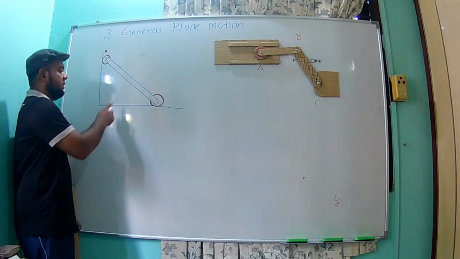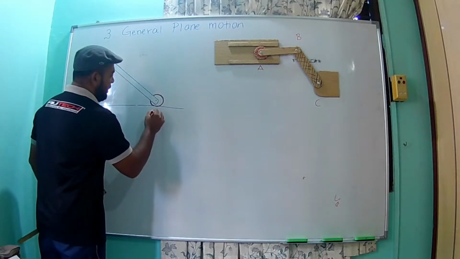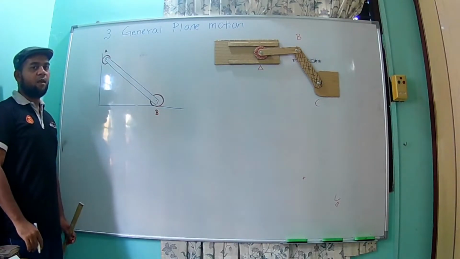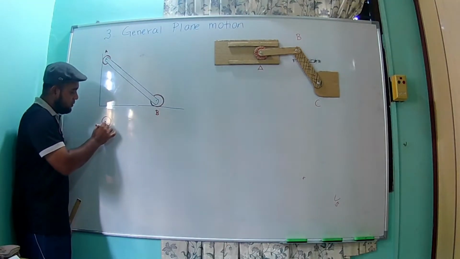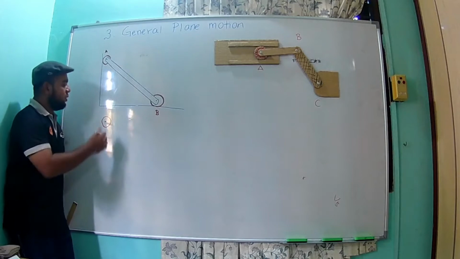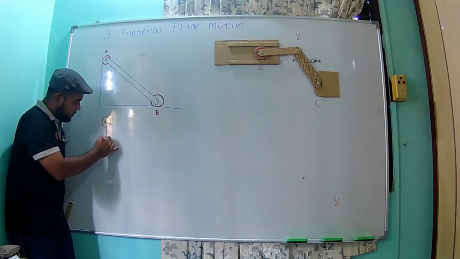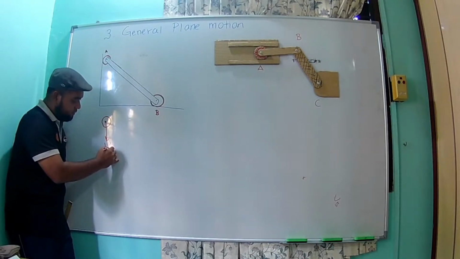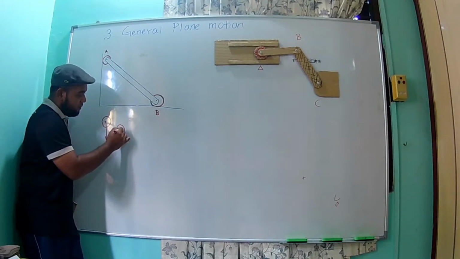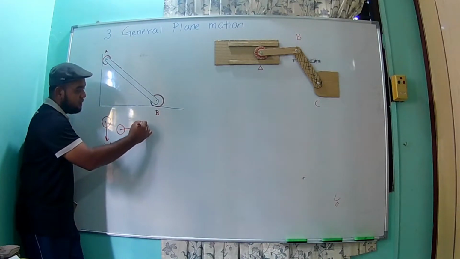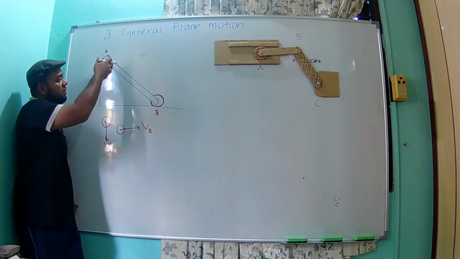So observe this one: point A and point B. If I take point A, which is this point, you know that this point can move. If I leave it like that, this point will go downward as VA. Same as point B, it will move to this location as VB.